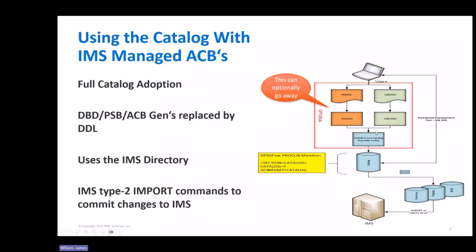And now, on top of the catalog, with managed ACBs, there's an optional feature called DDL that is the next generation of this process, where these multi-step gen processes will go away, and the DDL will be a one-time submit in order to add something to the catalog and the directories.